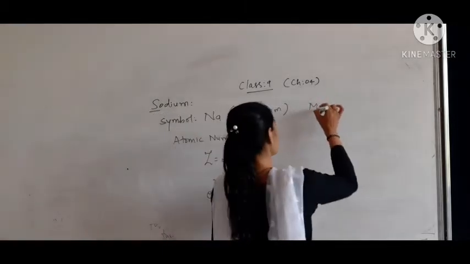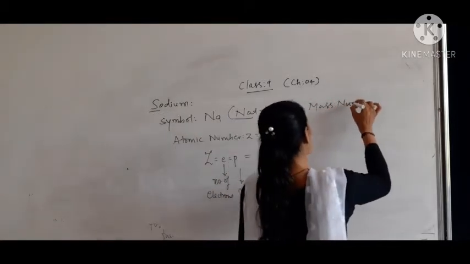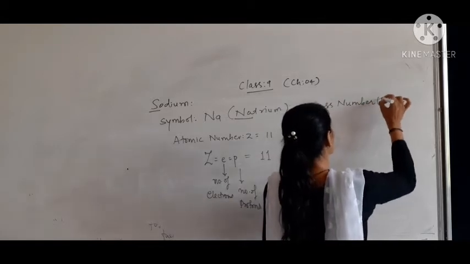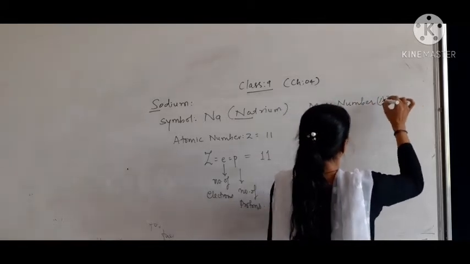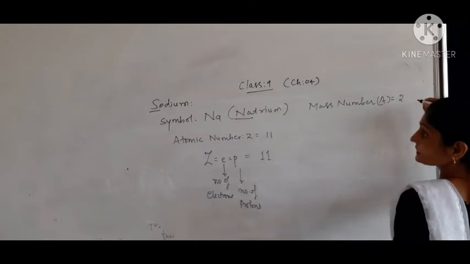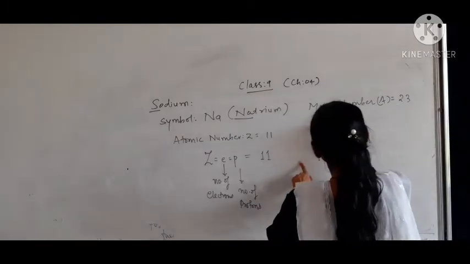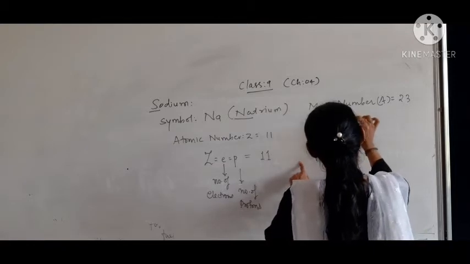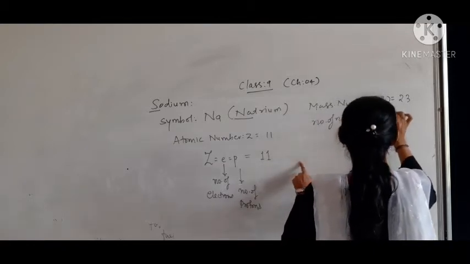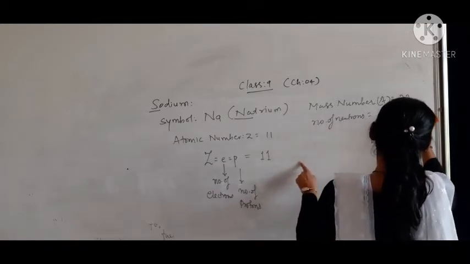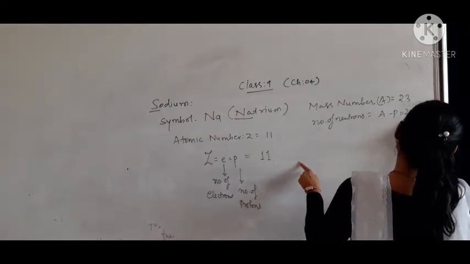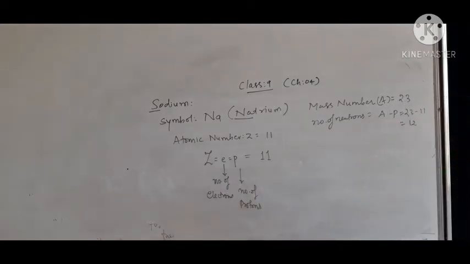Now the mass number of sodium, A, for Na is equal to 23. So the number of neutrons is equal to A minus P, that is 23 minus 11, so 12 neutrons. You can see here.